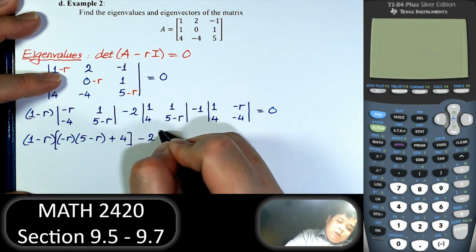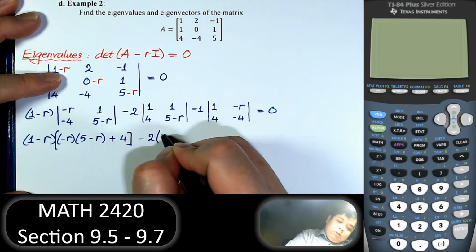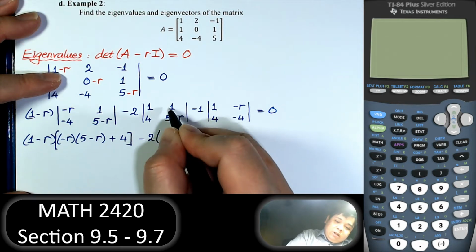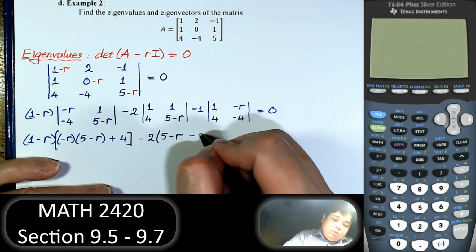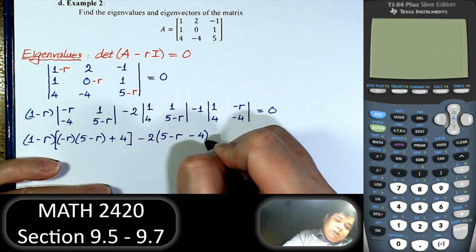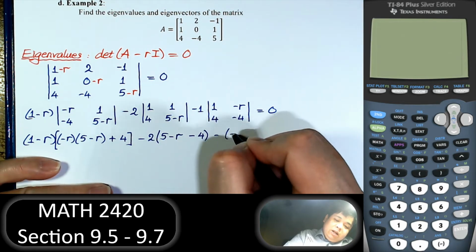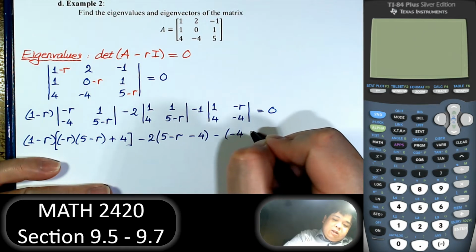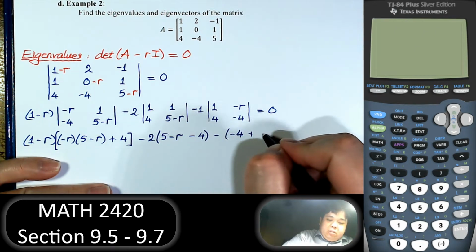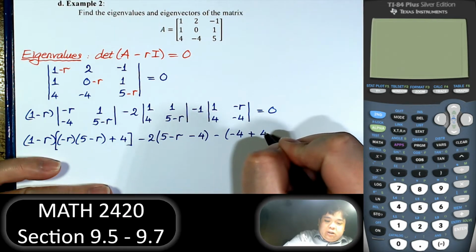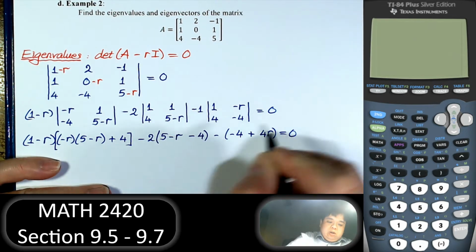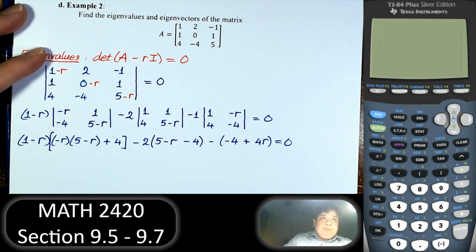Minus 2 times 1, so it will be 5 minus r times 1, subtract that direction, 4 times 1 is 4. And then minus negative 4, that's plus 4r, equal to 0.